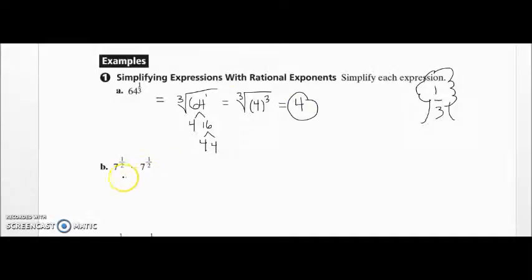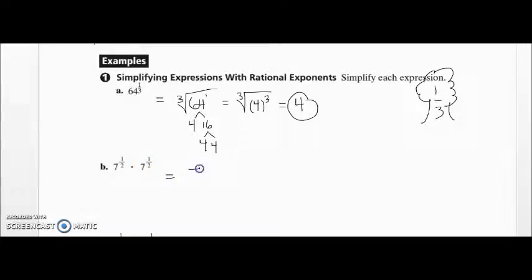Let's take a look at the second one. This time we're multiplying these. Remember, we've looked at this before. In order to be able to multiply these together, they have to have the same base. In this case, 7 is the base. So they have the same base. And when we multiply this times this, we actually add the exponents.